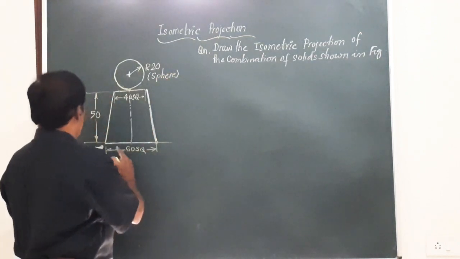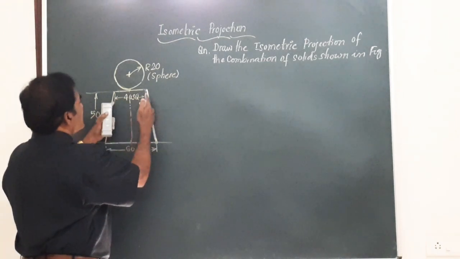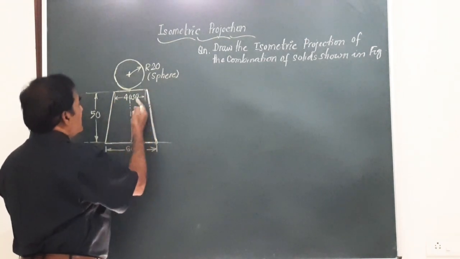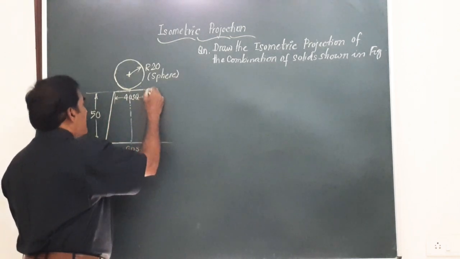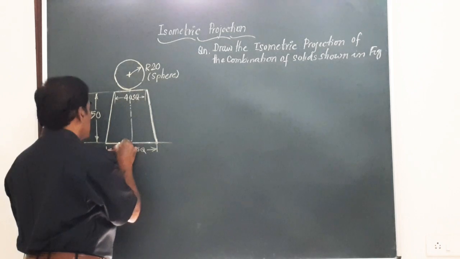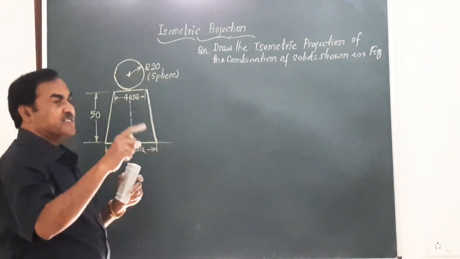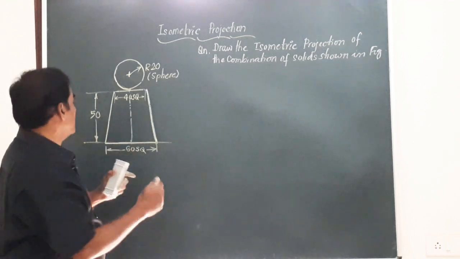Here we have 60 SQ, so it has a square face, and 40 SQ. Obviously, the bottom part of this figure represents the frustum of a square pyramid, because all are squares, SQ. If it is a diameter, they will write 5 with the diameter symbol; if it is round, they will say 5.